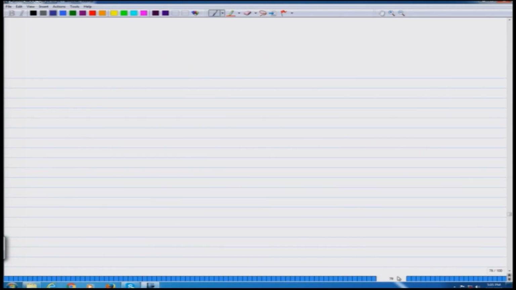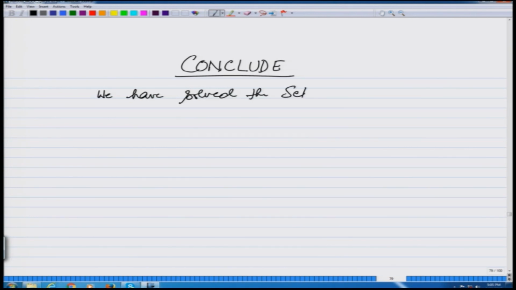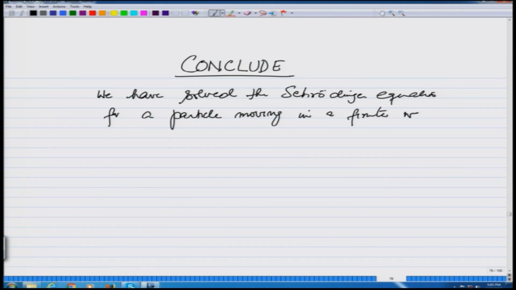So, to conclude this lecture, we have solved the Schrodinger equation for a particle moving in a finite well potential in 1D.